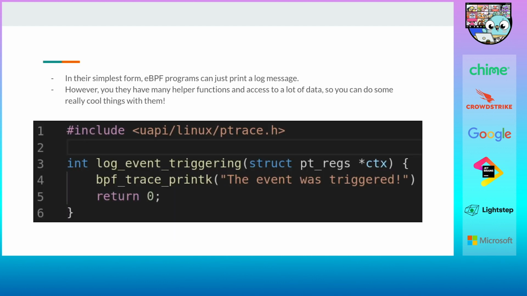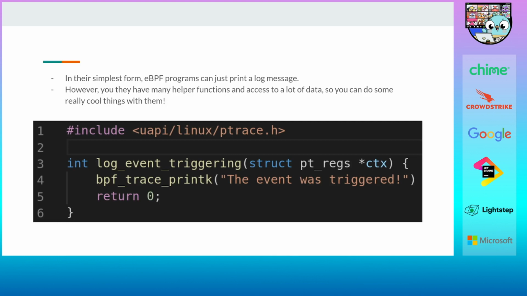So I want to start with this extremely simple example of an eBPF program. This is a complete eBPF program. All this is doing is printing to a shared buffer between the kernel and user space. Again, this is a very simple form. This would be attached to some type of hook. Like I said, you could attach it to a system call.